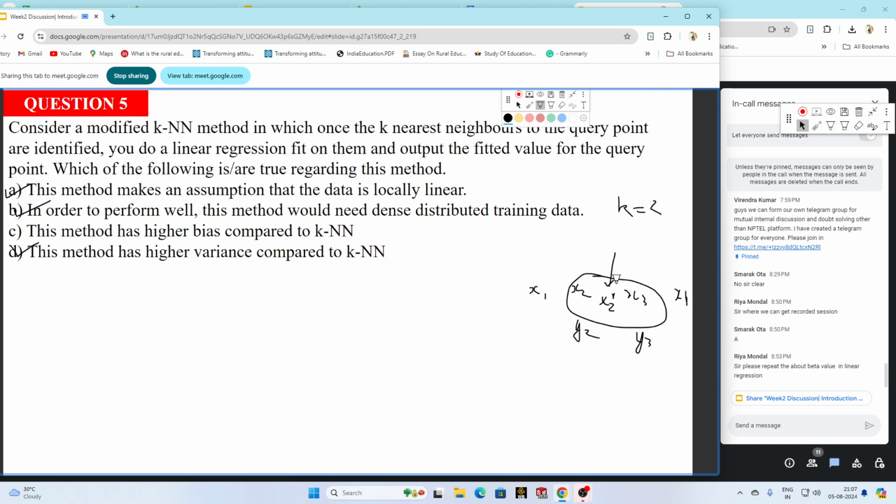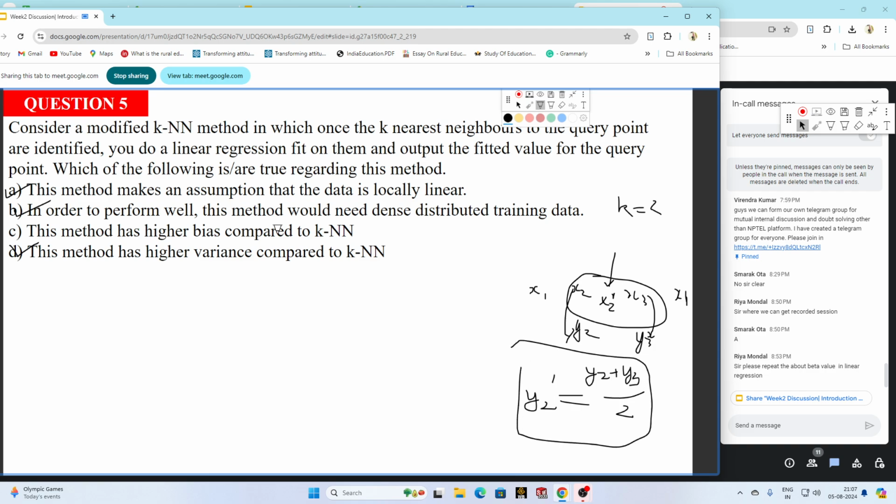So we will consider 2 data points that are neighbors to this x2 dash, that is x2 and x3. So we will see the output of x2, that is y2. We will see the output of x3, that is y3, and we will take the mean. That means y2 plus y3 divided by 2 will be equal to your y2 dash. That will be your answer.